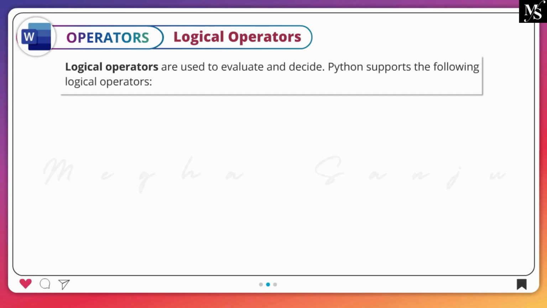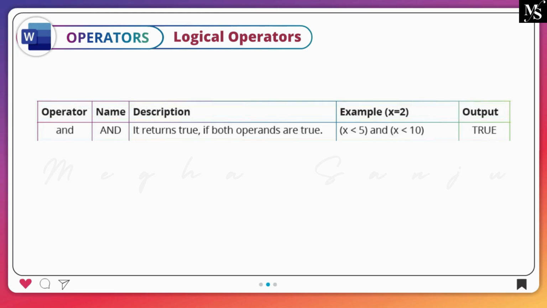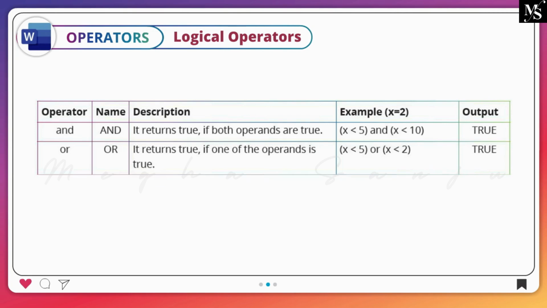Python supports the following logical operators: operator, name, description, example with x equal to 2, output. And. It returns true if both operands are true. x less than 5 and x less than 10, true. Or.